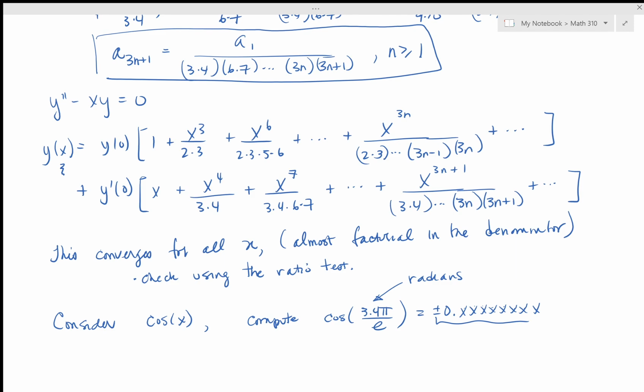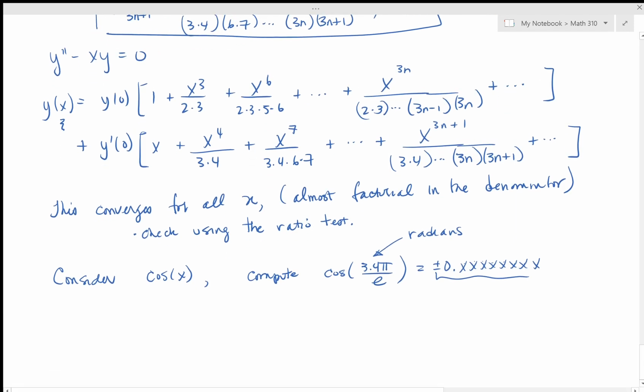One way would be that your calculator has the Taylor series for the cosine function. Let us remind ourselves what that is. The cosine function is even, so it looks like this: 1 minus x squared over 2 factorial plus x to the 4 over 4 factorial minus x to the 6 over 6 factorial. So we have a Taylor series approximation for the cosine function.